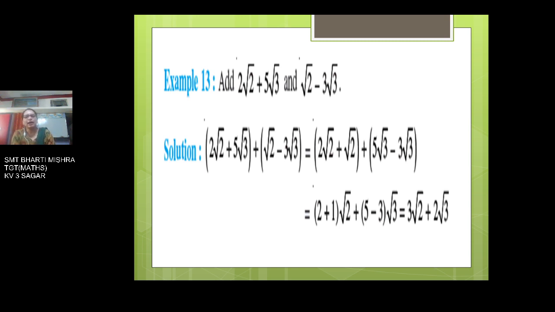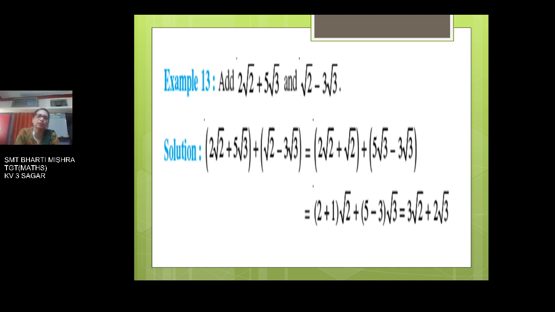Now when we are adding, we have two types of combination. One, we have a whole number and an irrational number, that is 2 root 2. And in the second part also we have root 2. Now root 2 is common in both. So what we can do is some suitable rearrangement.